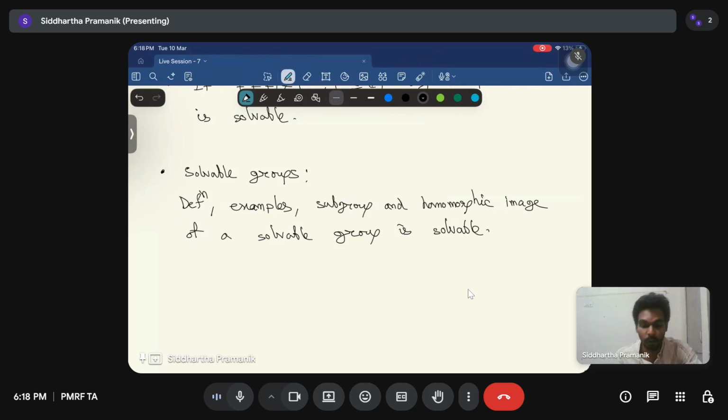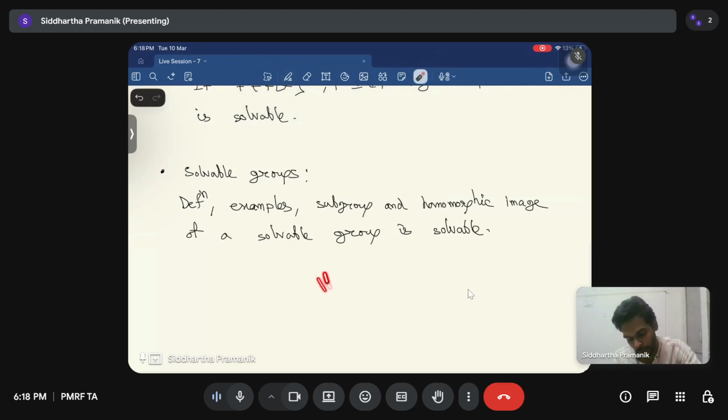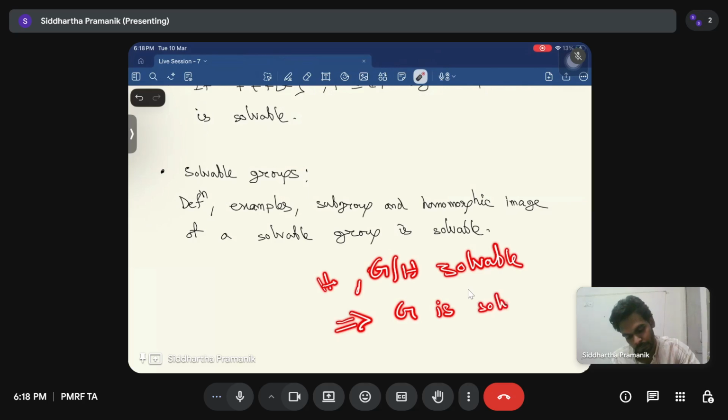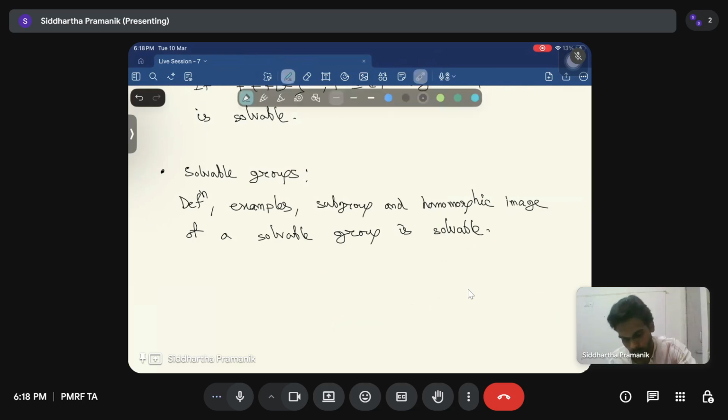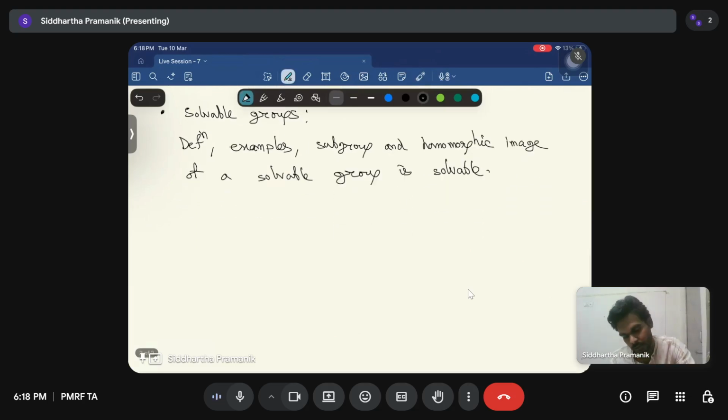The converse is also true in some sense: if we have a normal subgroup H such that H and the quotient G/H are solvable, then it will imply G is itself solvable. So in solvable groups we have studied these things, which we need to prove the insolvability of quintics.